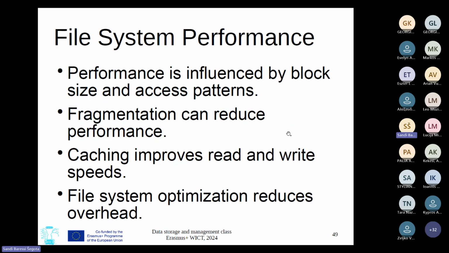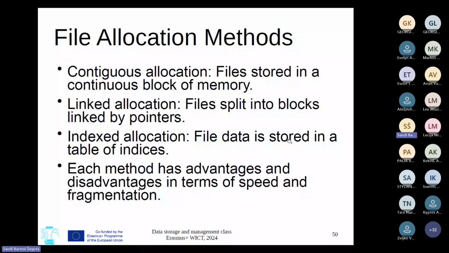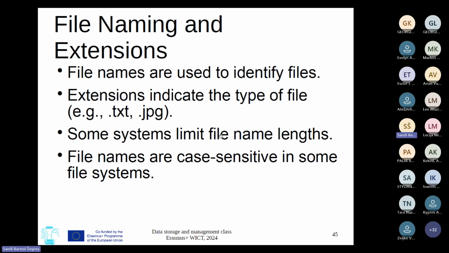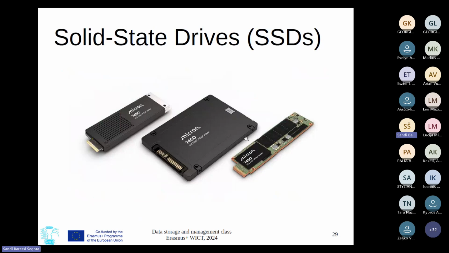Okay. So I mentioned that file system performance is influenced by block size and this is called access patterns. Basically, if you imagine your SSD as a grid with information stored on it, if you have sequential reads, that's one of the big examples why SSDs are much faster.